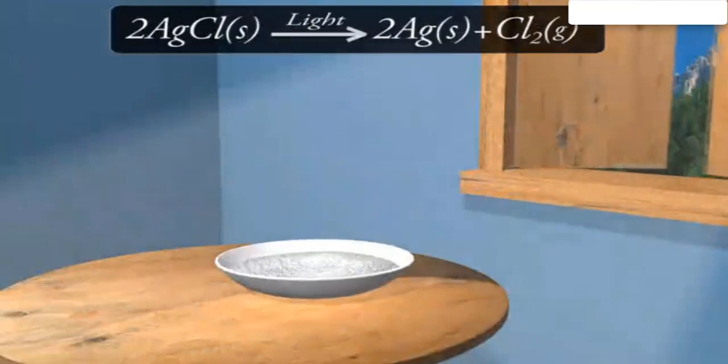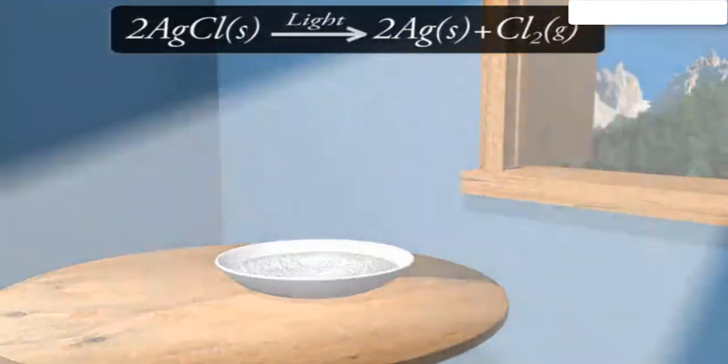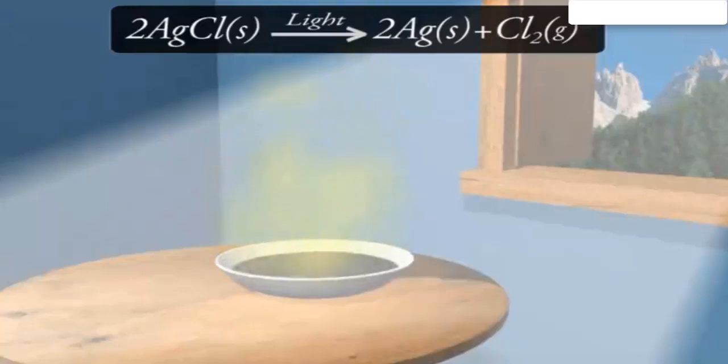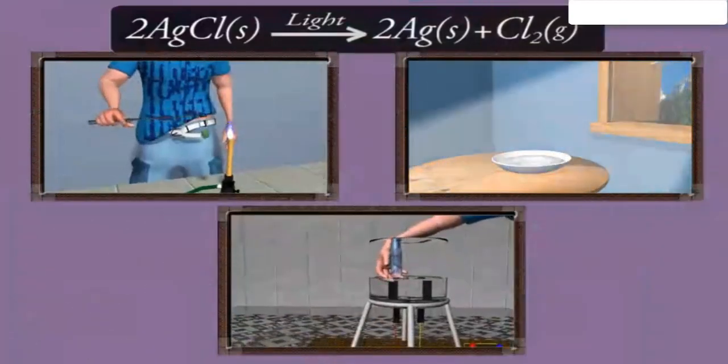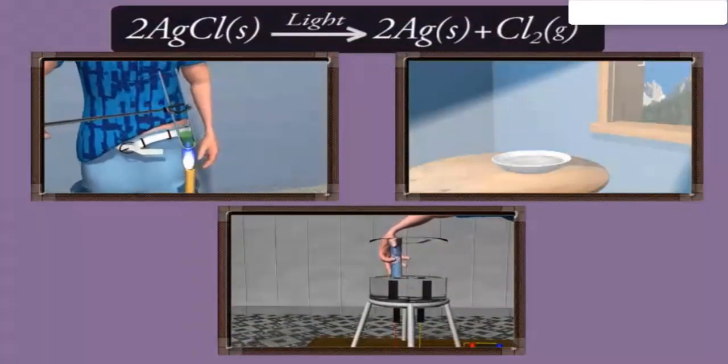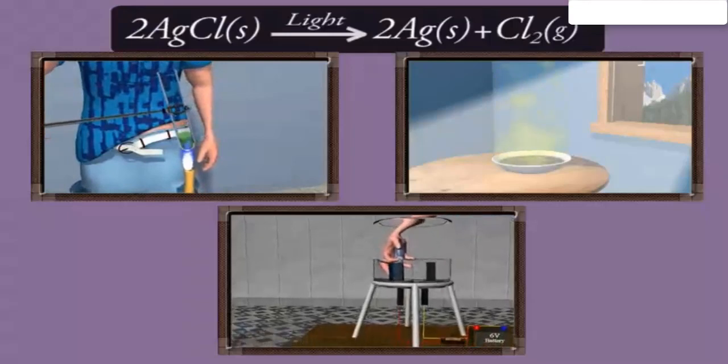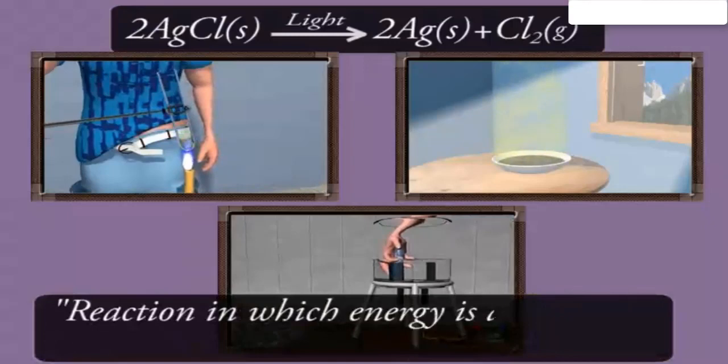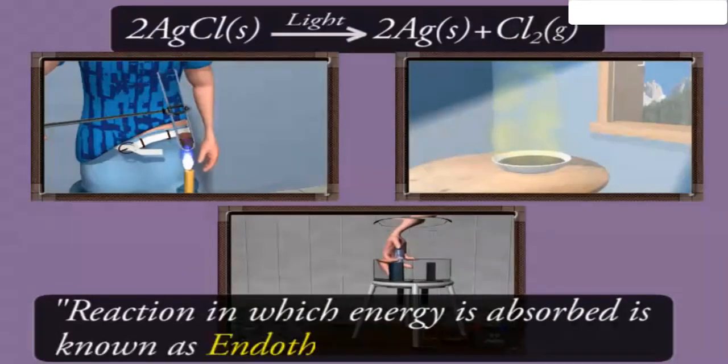Silver chloride breaks up into silver and chlorine in the presence of sunlight. In all these reactions, energy either in the form of heat, electricity or light is required to break the reactants. Such a reaction in which energy is absorbed is known as an endothermic reaction.